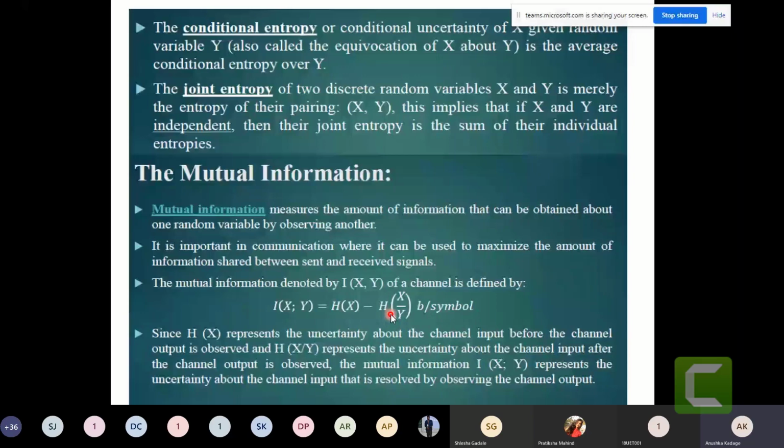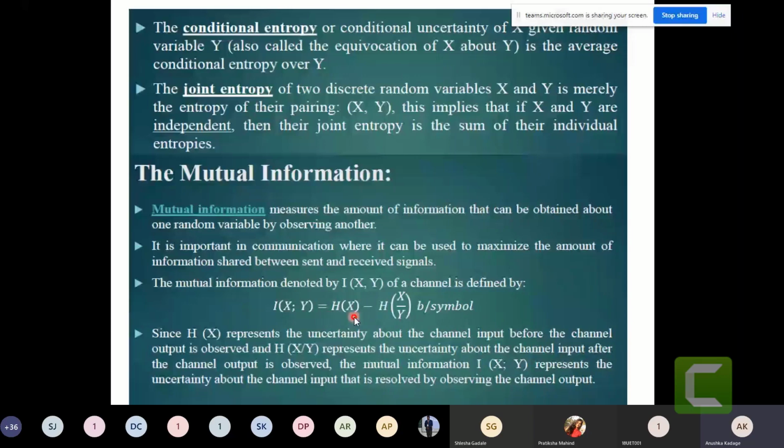So mutual information is stated as initial uncertainty minus final uncertainty. The initial uncertainty is given by the entropy related to the transmitter, because we are starting with the process of transmission.